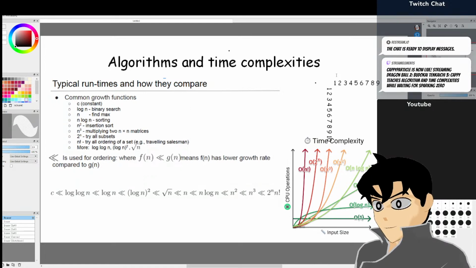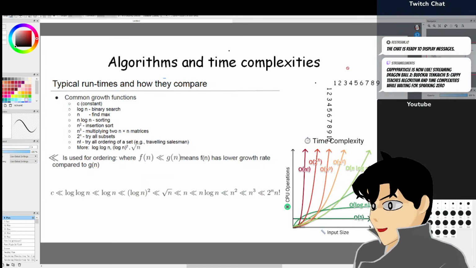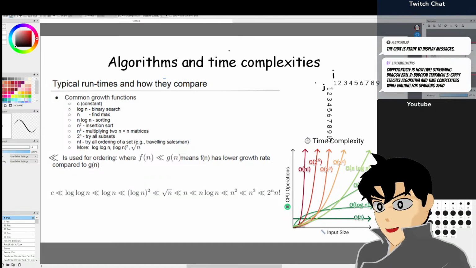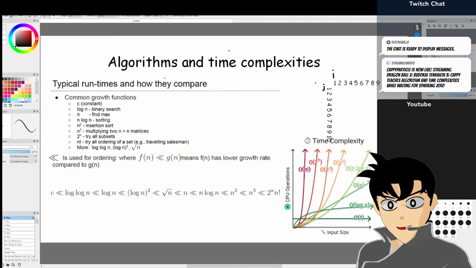In this case, we'll set this variable to i, and this one to j. The idea of it is, we have to scan i of 1, j of 1, i of 2, j of 1, i of 3, j of 1, i of 4, j of 1 each time. So i is effectively an n.